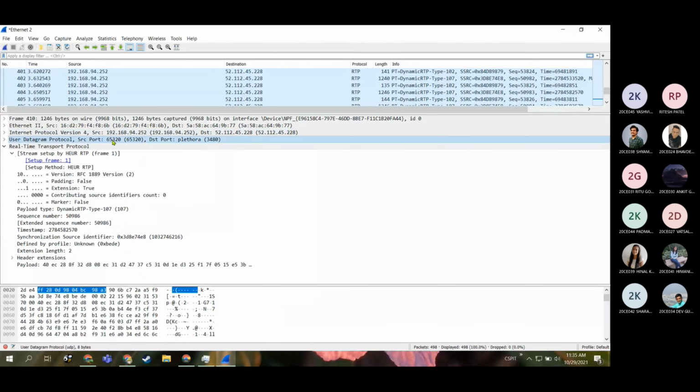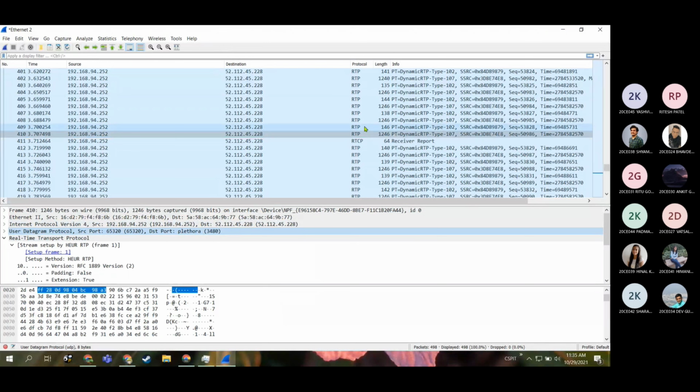This is the port I was talking about, the UDP port. This is the source port 65320. This particular packet I have selected is packet 4410. There is one RTCP packet which has the UDP port 65321. That is one more than this in these statistics.